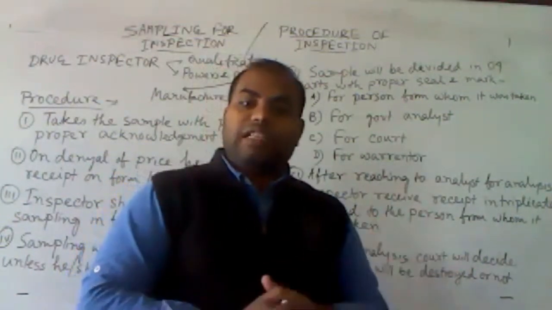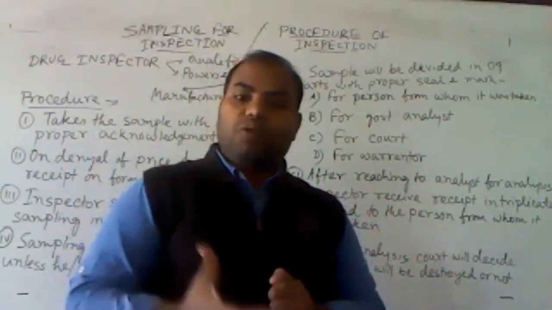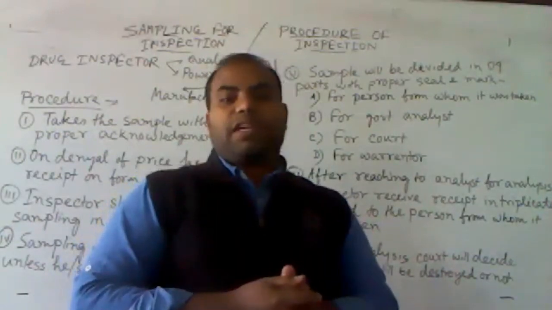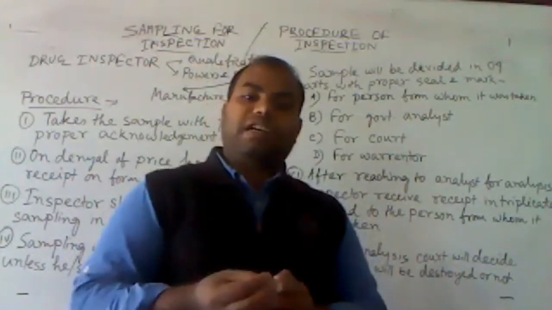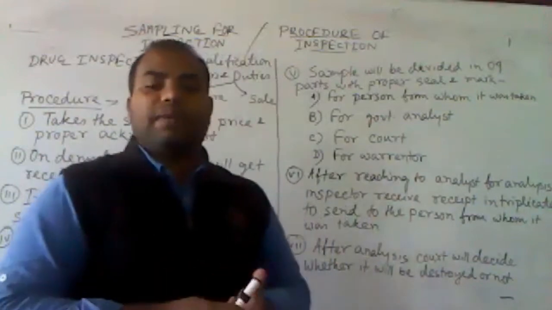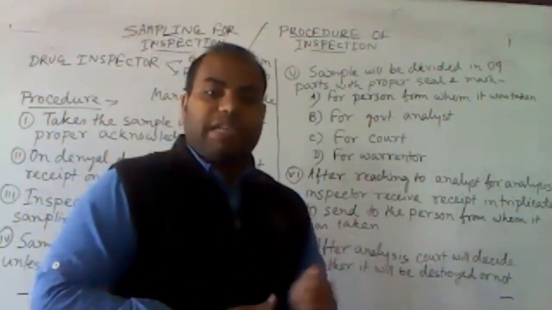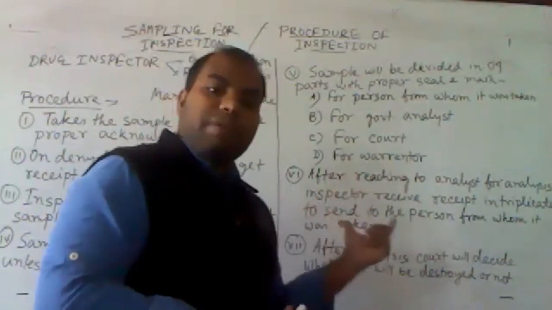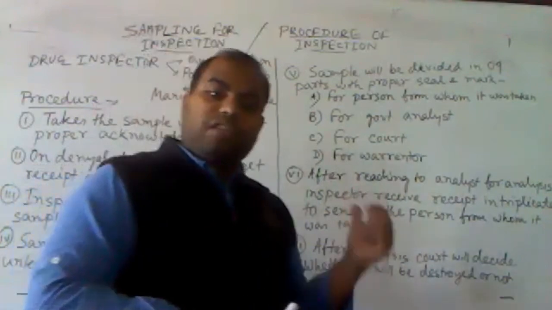So after getting the proper area, or if it reaches the court or government analyst, then the inspector will get a form or receipt in triplicate, and that form or receipt will be sent to the person from where the sample has been taken. Okay, so all of it will be under the proper channel and with proper documentation for the inspection.